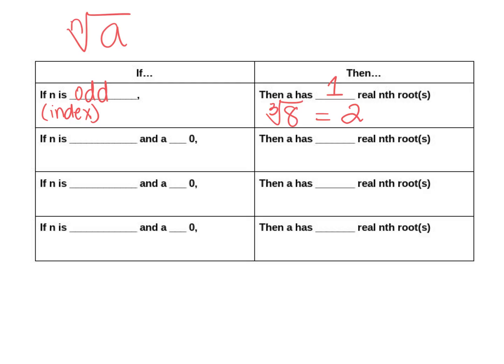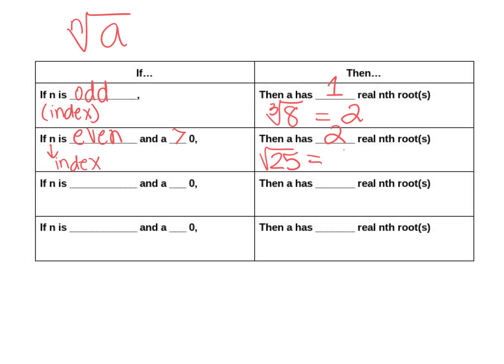If n is even and the number under the radical is greater than 0, then a has 2 real roots. So for example, if you have the square root of 25, that is an even index. Remember, n is the same as your index.